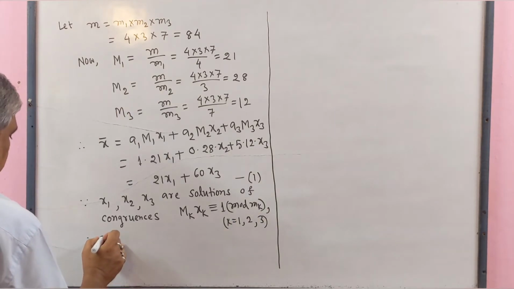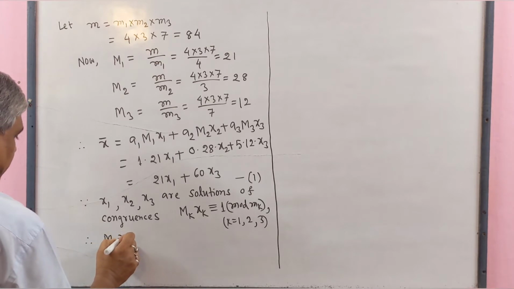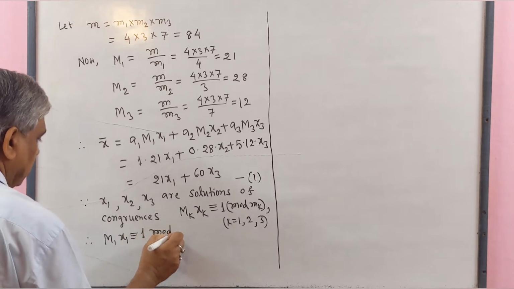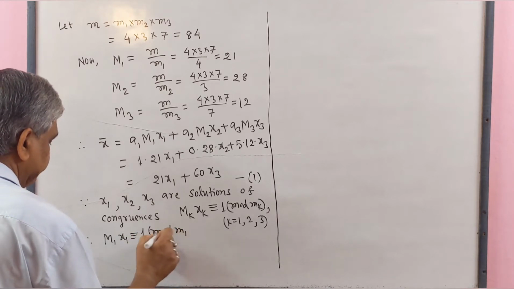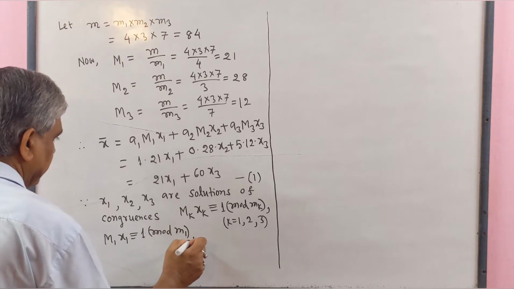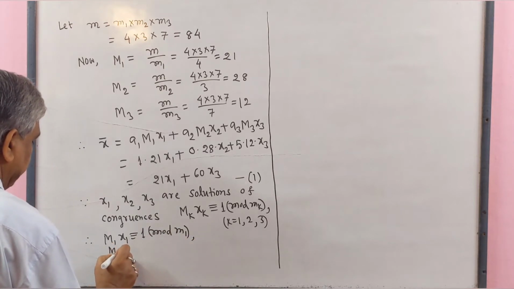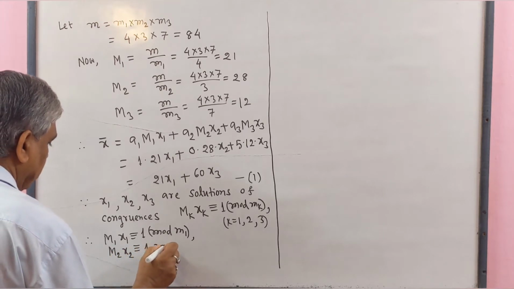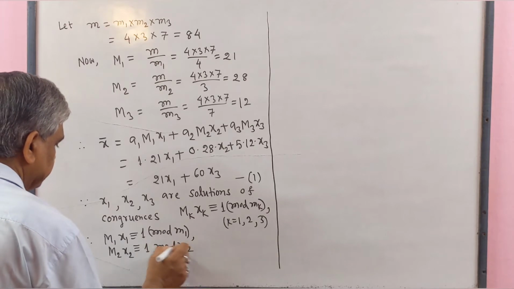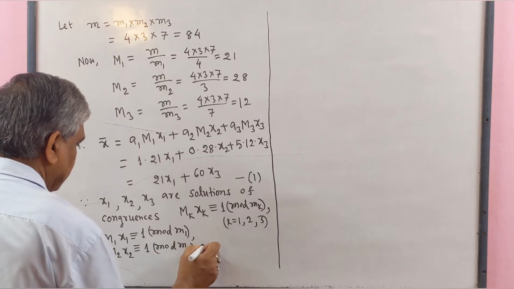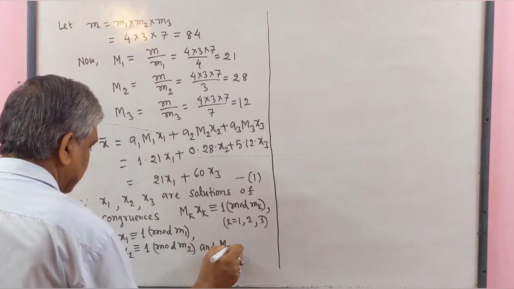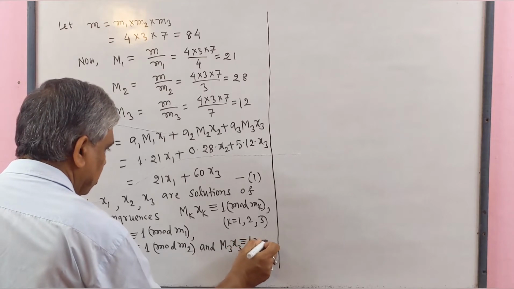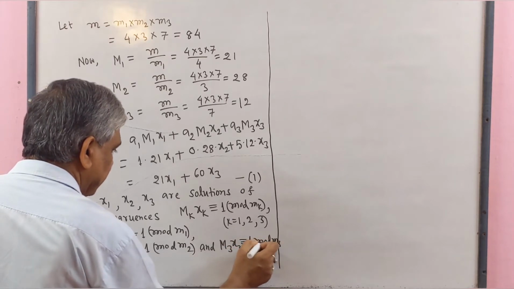Therefore, capital M1 x1 is congruent to 1 modulo m1, capital M2 x2 congruent to 1 modulo m2, and capital M3 x3 is congruent to 1 modulo small m3.